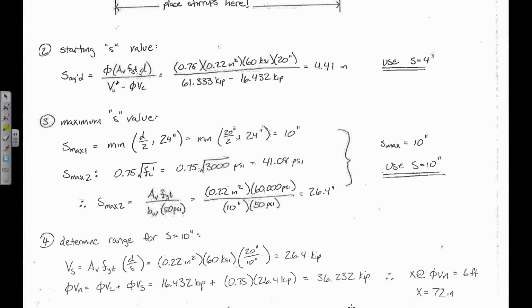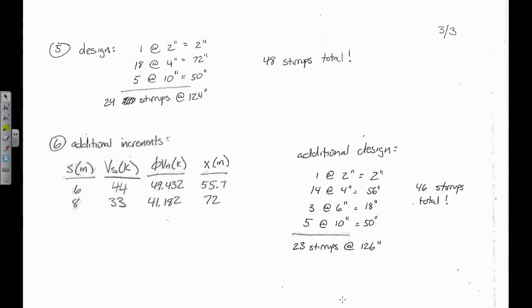That's 24 stirrups at 74 to 124 inches, or 48 stirrups total. What do you think? Okay, so that's what I've got right here.